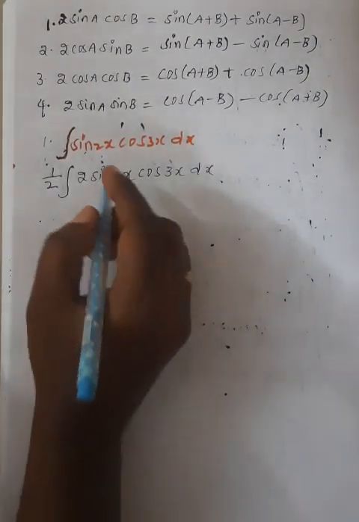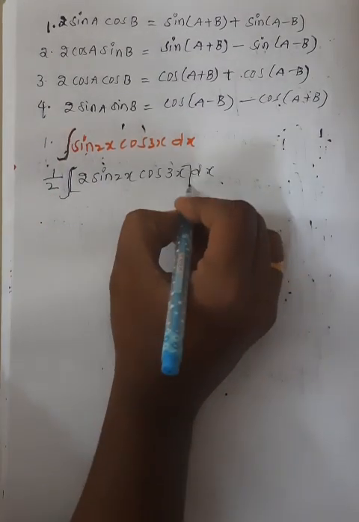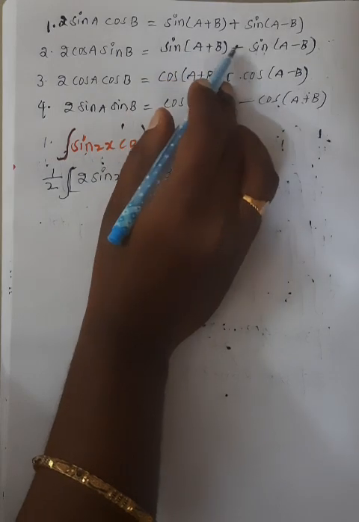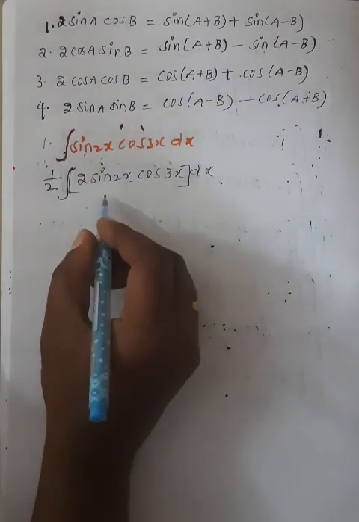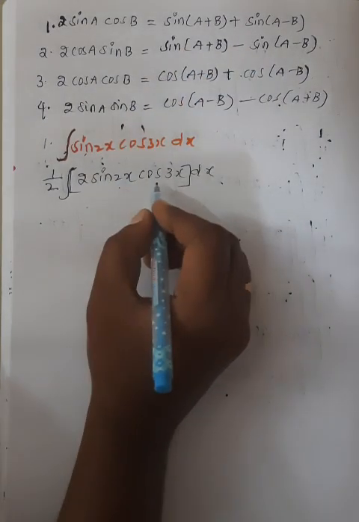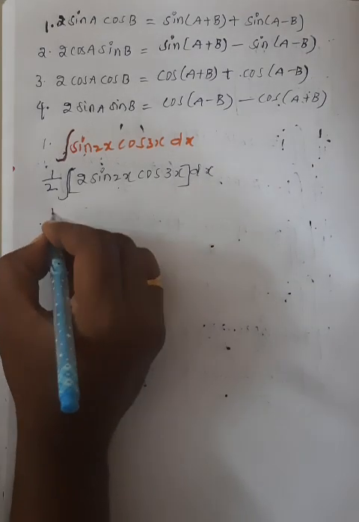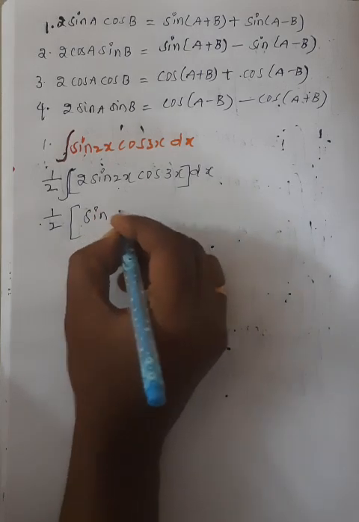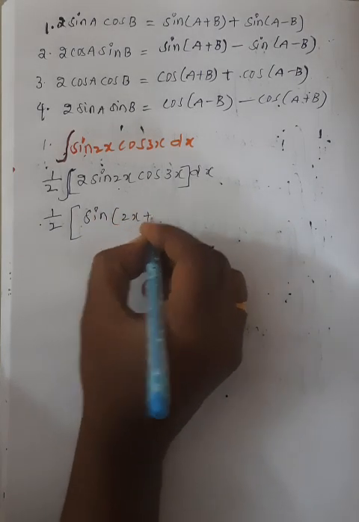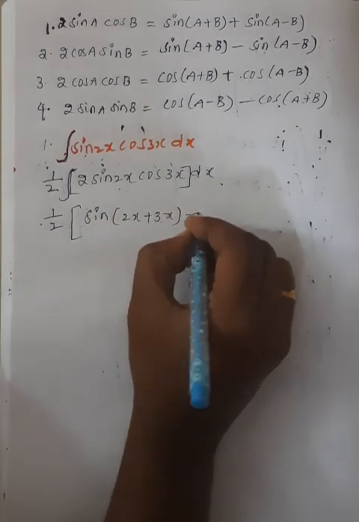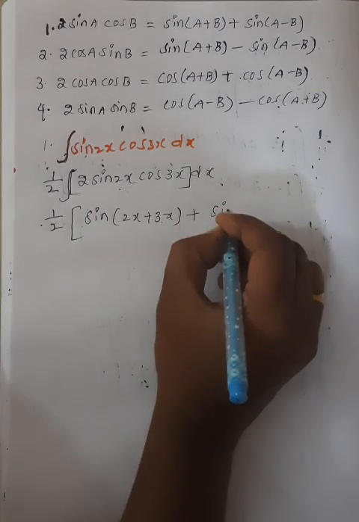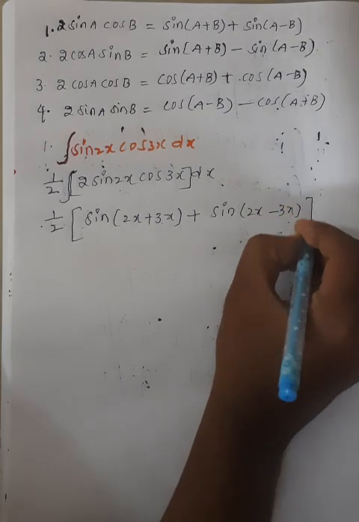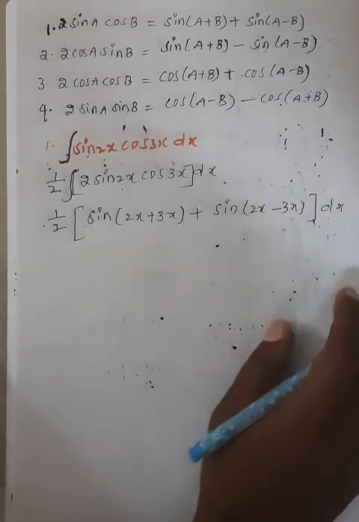Now the given question is of the form 2 sin a cos b, which is sine of a plus b plus sine of a minus b. So in place of a you are having 2x, in place of b you are having 3x. Therefore 1 by 2 into sine of a plus b is 2x plus 3x plus sine of a minus b is 2x minus 3x into dx.